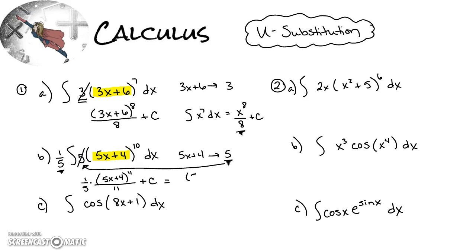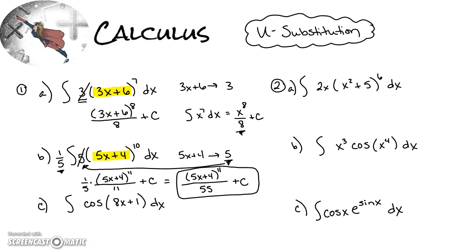We'll have 5x plus 4 to the 11th all over 55 plus c. So if your inside derivative is a constant and it's not sitting in the integral, that's fine. You just stick it in. It becomes harder if the inside derivative is not just a constant. We'll get to that in a second.